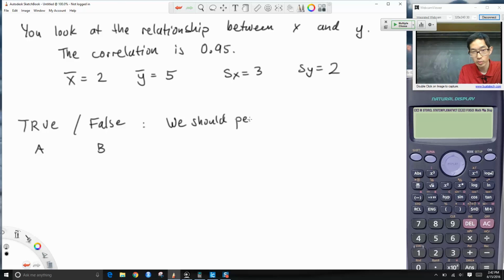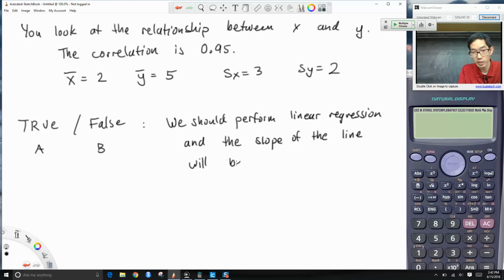True or false? We should perform linear regression, and the slope of the line will be 0.6333. I think, let me just make sure. Yes, okay.